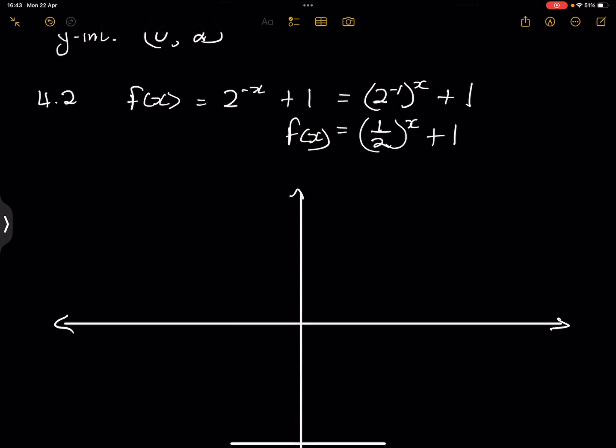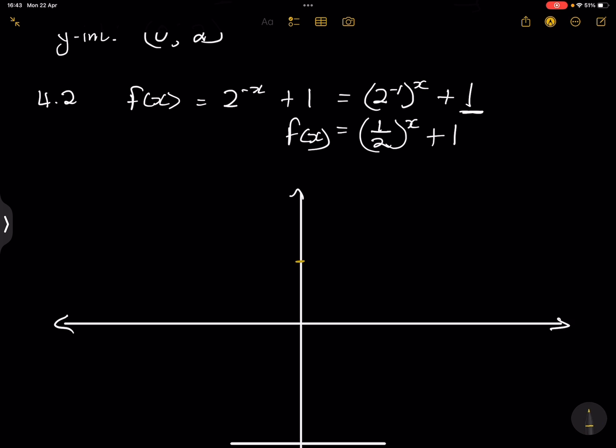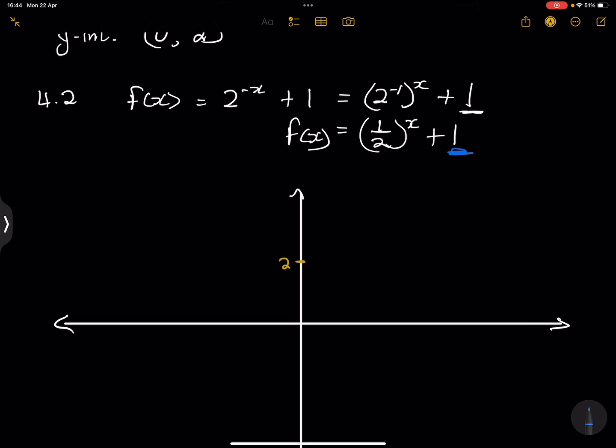But now we shifted it 1 unit up, and that's why our y-intercept is at 2 instead of 1 as per usual. That means our asymptote is no longer at y is equal to 0, but is now on the line y is equal to 1. So that automatically becomes our asymptote.